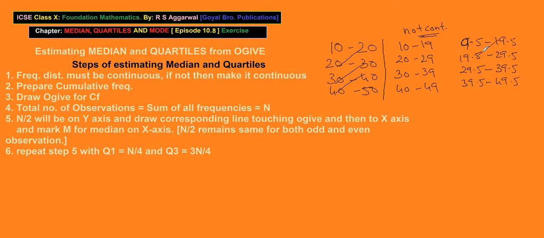So now this has become continuous. So this is the first step. If it is continuous, then not a problem. If it is not continuous, then you make it continuous.